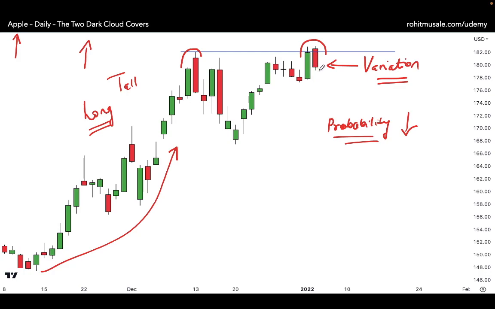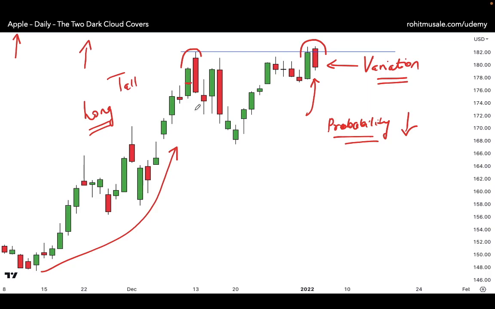Another point to notice here is that the closing price of the second candle is just at or slightly below the midpoint of the prior green candle. So again, that is a problem. We need a decisive close below the prior candle midpoint. In this case, you have a decisive close.